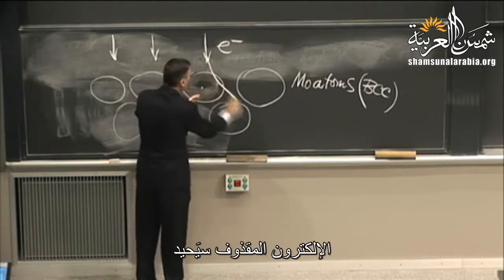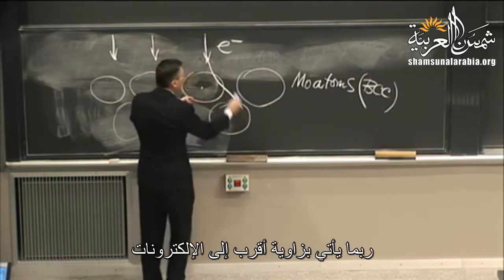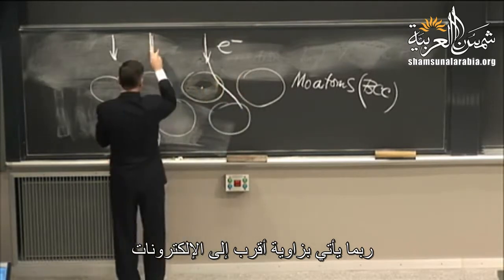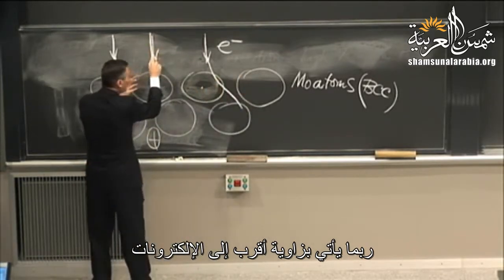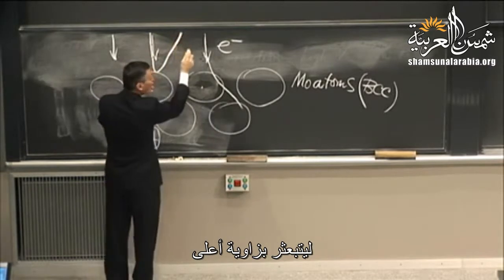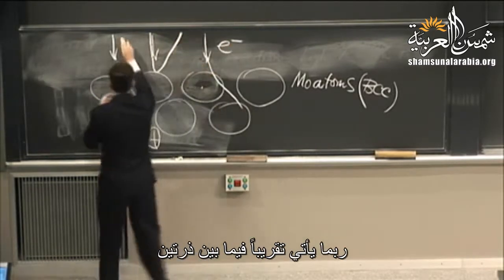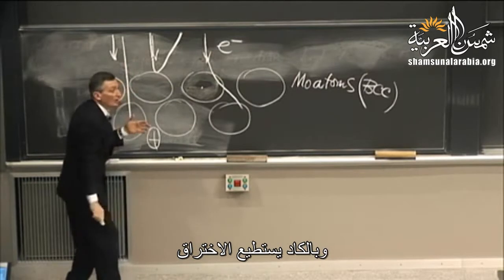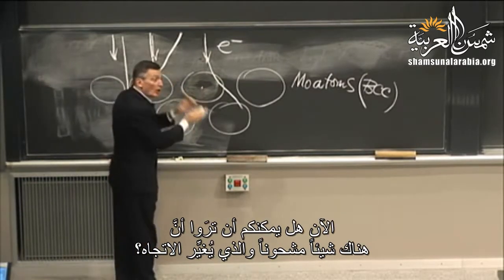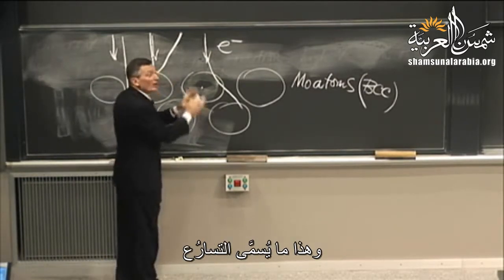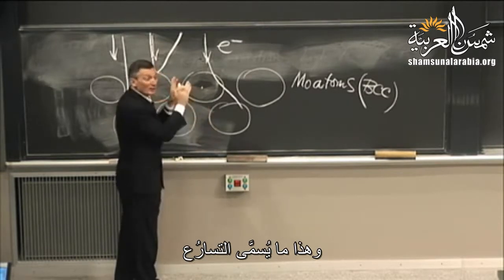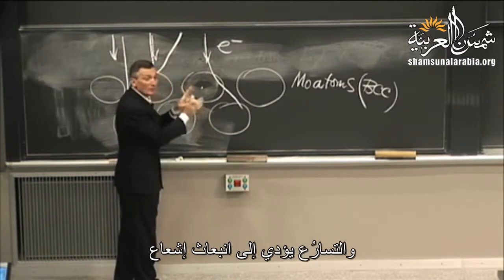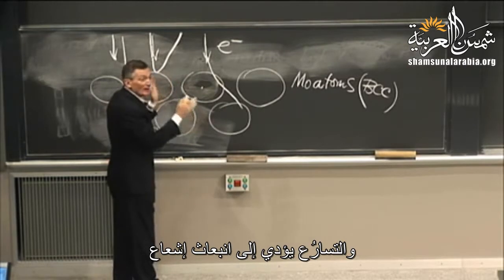What happens? It's deflected. Maybe it comes in at a closer angle, and then it's scattered through a higher angle. Maybe it comes in almost in between, and it hardly moves at all. And can you see that when you have a charged species that changes direction, that's called an acceleration, and an acceleration gives rise to an emission of radiation.